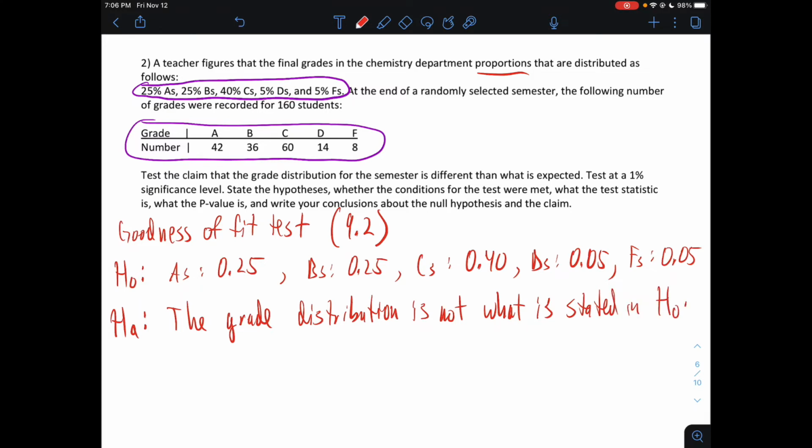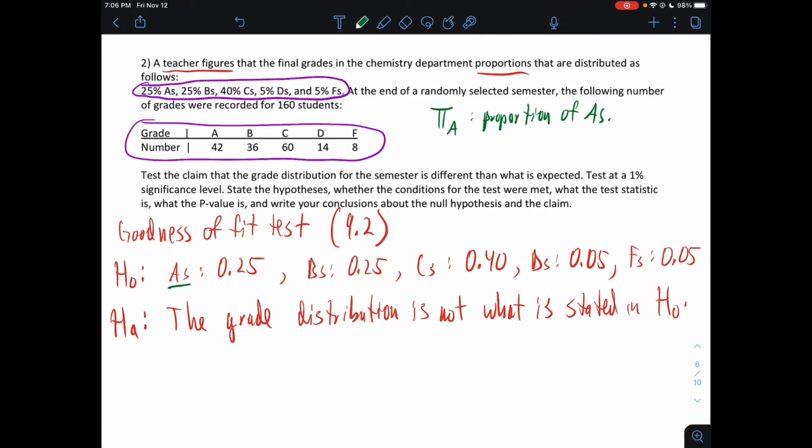And it essentially is just saying whatever this teacher figures the grades are going to be, it is either that or it's not. And what we're looking for is, is it significantly far away from that. You'll see that there's some symbols in the answer key. The symbol that looks like this is the Greek letter pi, which starts with a P for proportion, and then a subscript A. That just means the proportion of A's. I've just abbreviated that as A's.